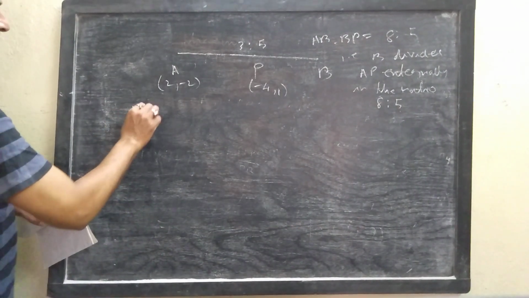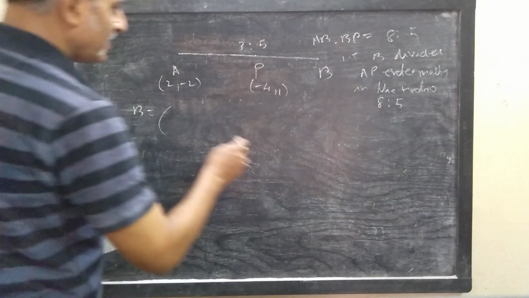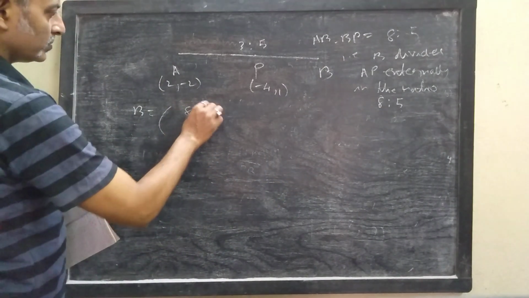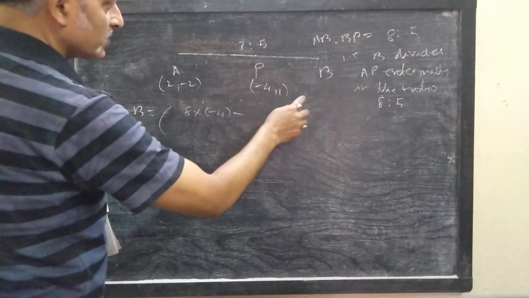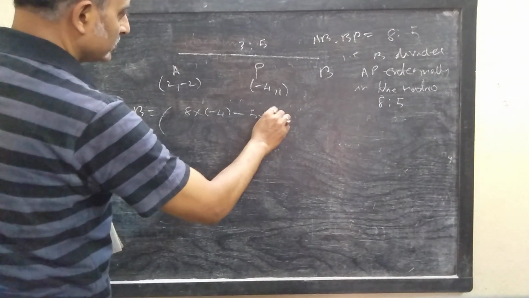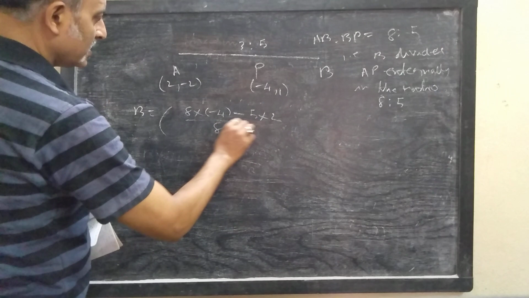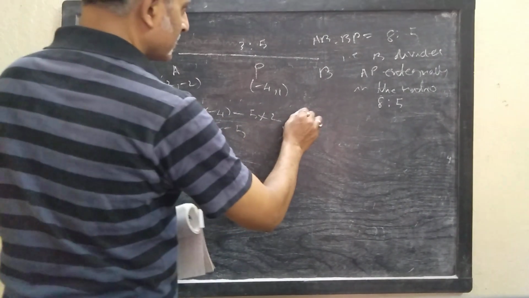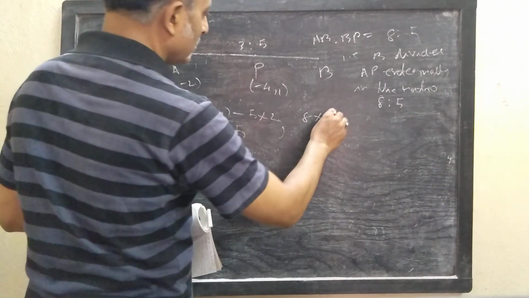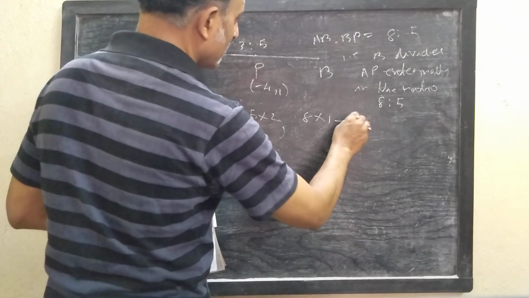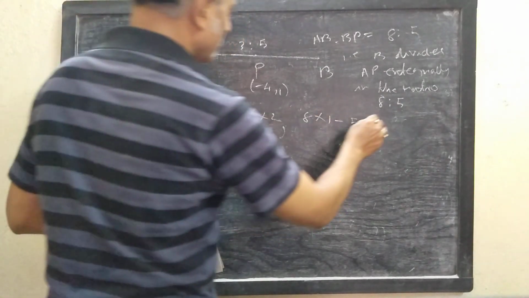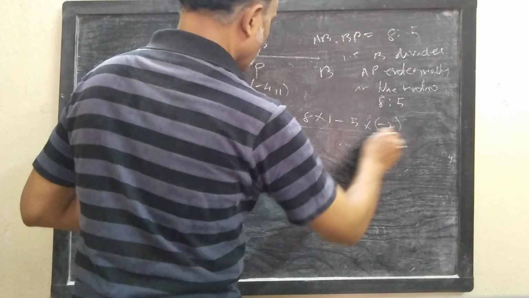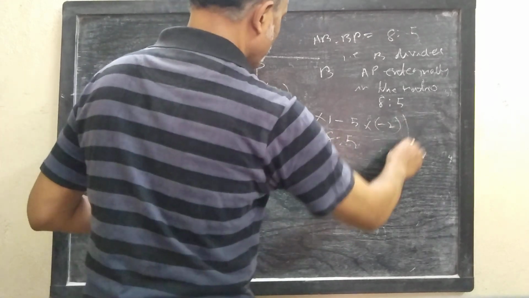Coordinates of B will be, m is 8, (8 into minus 4 minus 5 into 2) by (m minus n, that is 8 minus 5). Next, (8 into 1, y2 is 1 here, minus 5 into minus 2) by (8 minus 5).